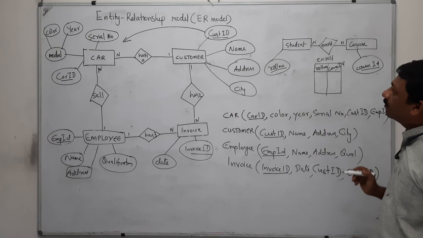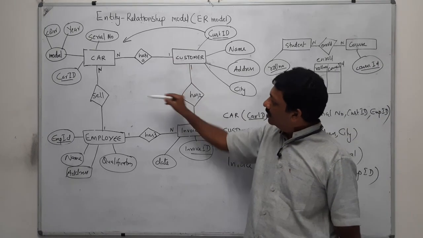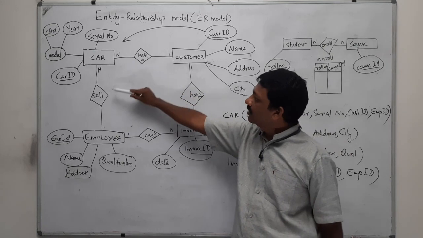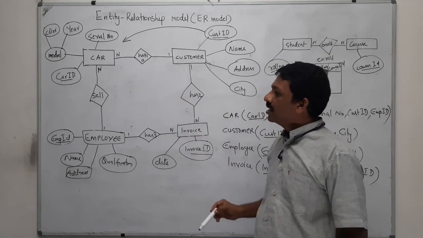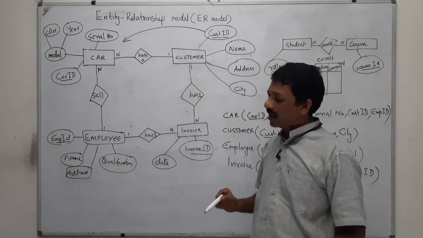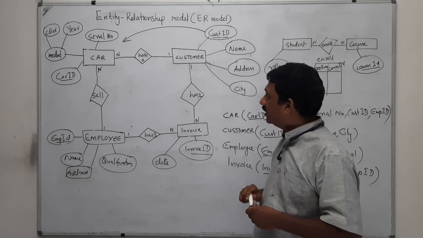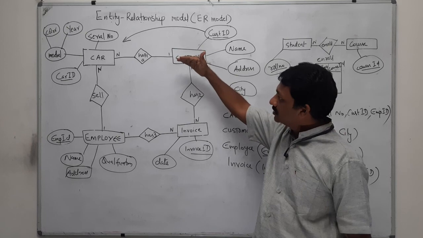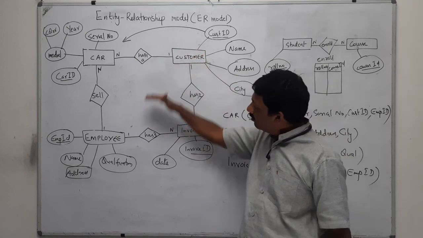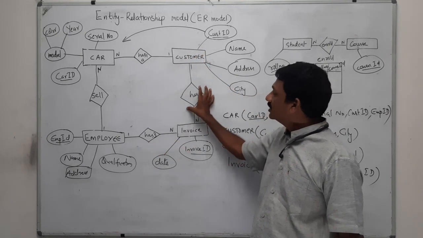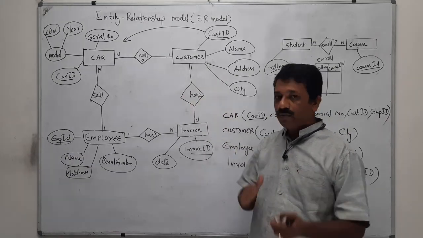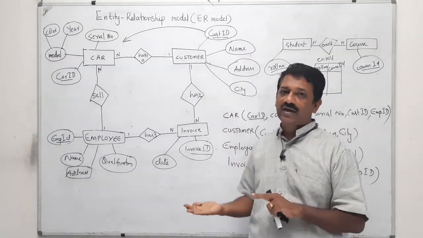So here this is a relationship, this is another relationship, this is another. So we have four relationships. In this case, we have succeeded in eliminating these relationship tables. Why? In all these cases, we have many to one or one to many relationships.